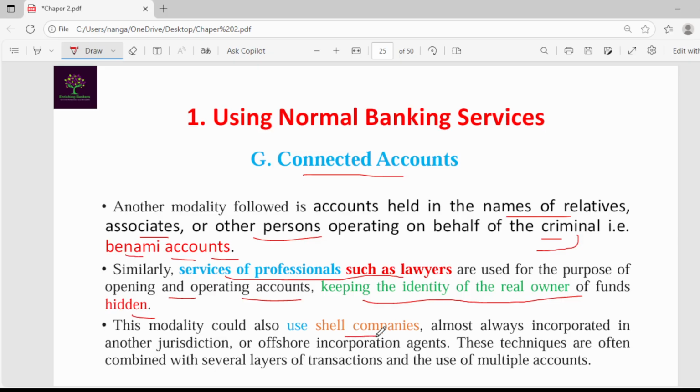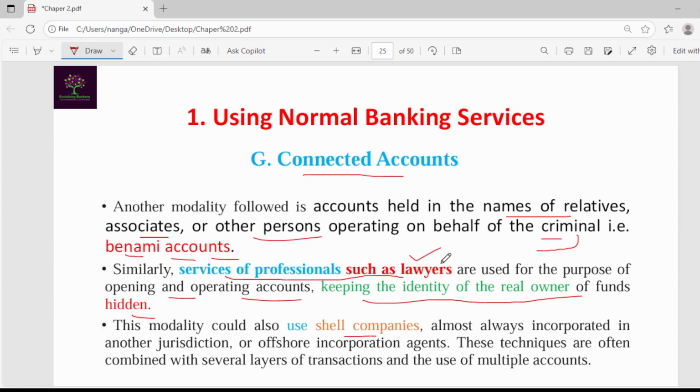So what are shell companies? Shell companies do not have physical existence. They are only on the papers. They are companies on the papers. For those companies, they open professionals', lawyers' and auditors' accounts, and they use their accounts like benami accounts.